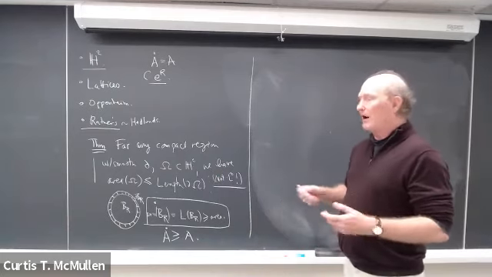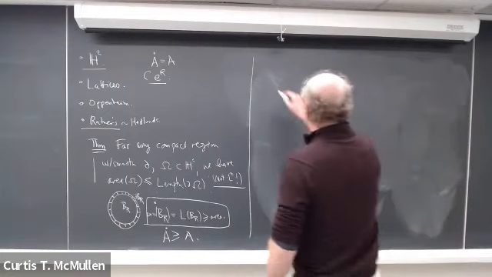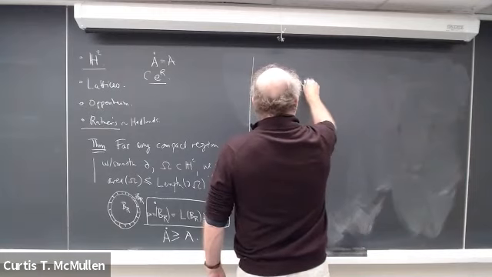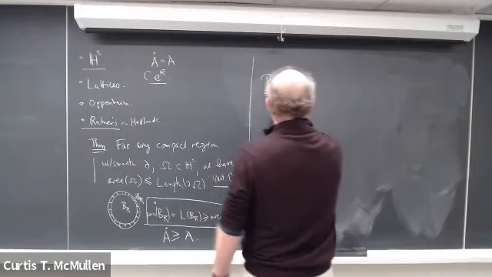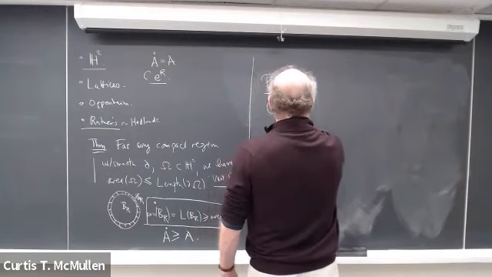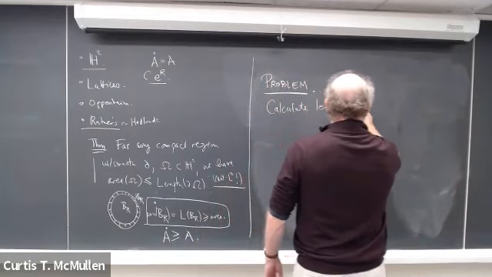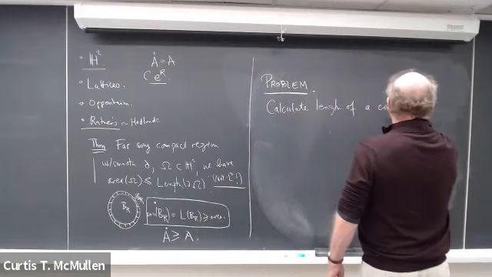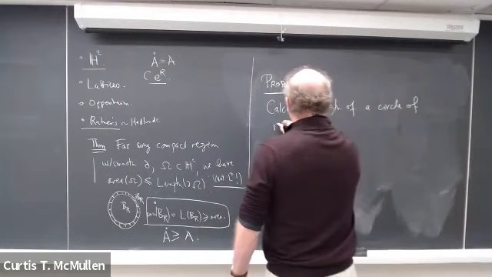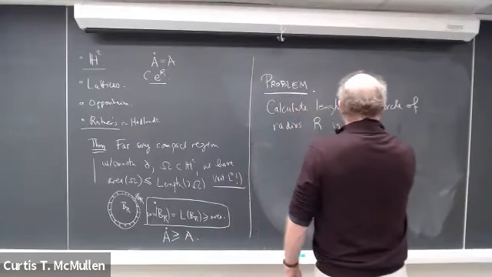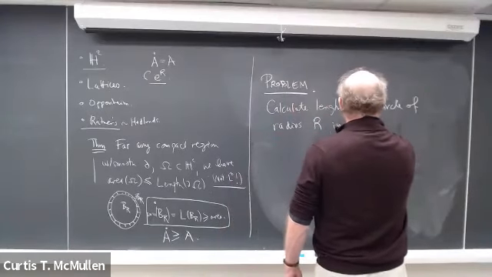How hard are they to derive? So the problem I want to pose is to calculate the length of a circle of radius r in hyperbolic 2 space.